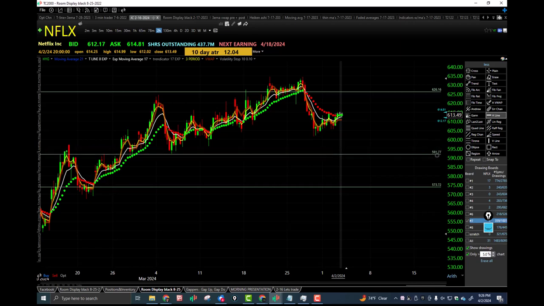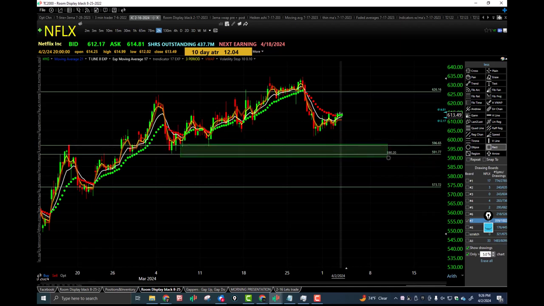I'm just going to call it a range from here right up to there. Okay? So we're just going to call this a range of support. Put it in like that. This could be a measured move to the downside. You know, you failed to make a higher high right here.